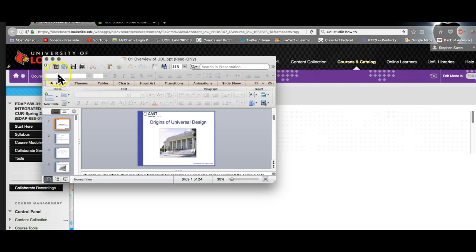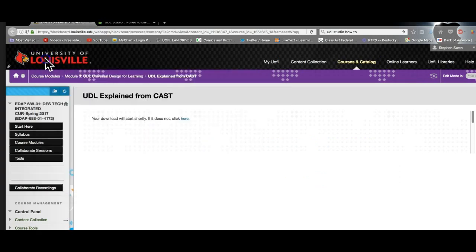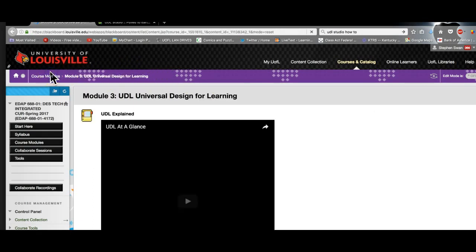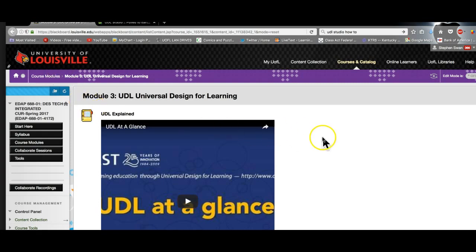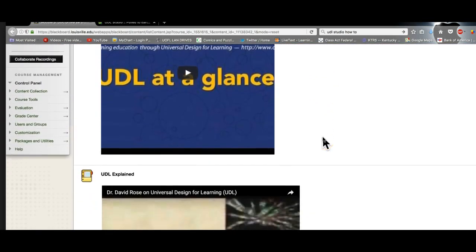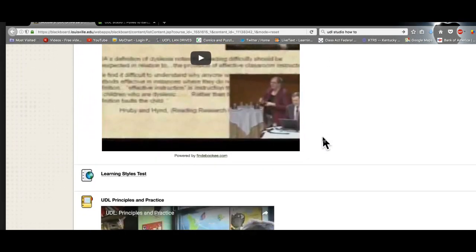One of the things I have always found about Universal Design for Learning that I have a great deal of respect for is a very simple idea: how do we meet the needs of everyone in our classroom, and can we do that in a way that has real meaning?